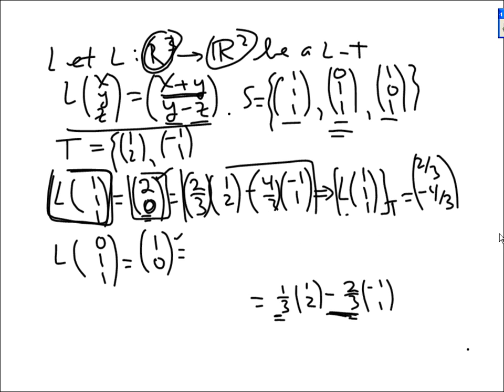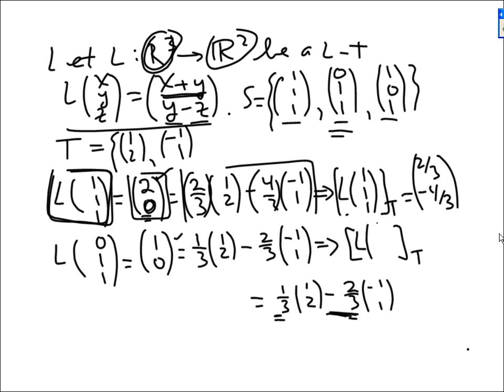I just took half. So this is equal to 1 third times 1, 2 minus 2 thirds times negative 1, 1, which implies the coordinates with respect to basis t of L of 0, 1, 1 is 1 third, negative 2 thirds. Kind of got that one for free. And please, you too get it for free.